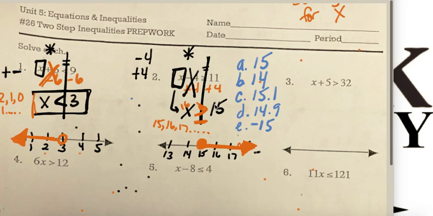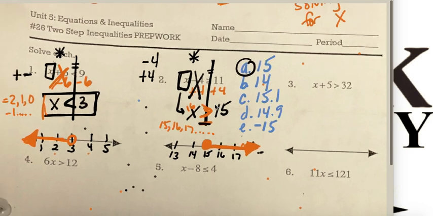And so in this case, you would actually select A because it had that equal sign. It could be 15. You would not select 14 because it did not end up on the side that you shaded. You could pick 15.1 because 15.1 would fall probably right about there. So yes, you would pick 15.1.